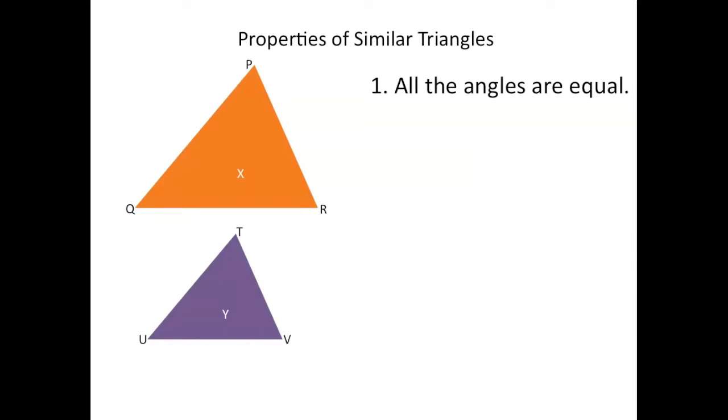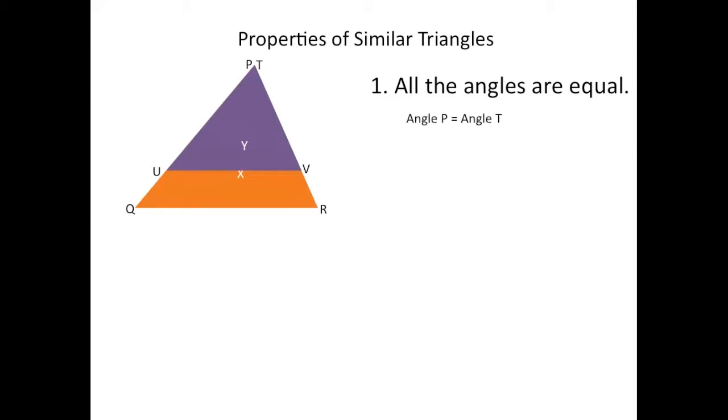Now, though I have told you that both these triangles are similar, let's place triangle Y on top of triangle X to confirm whether their angles actually are equal. So first, let's see if P and T are equal. And as you can see, angle P and angle T fall on top of each other perfectly, so that means they're equal.